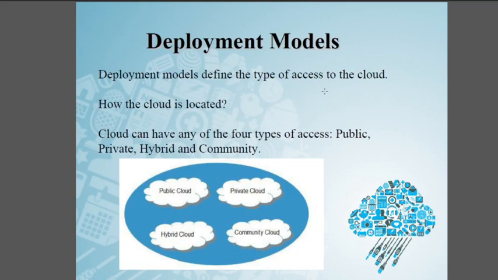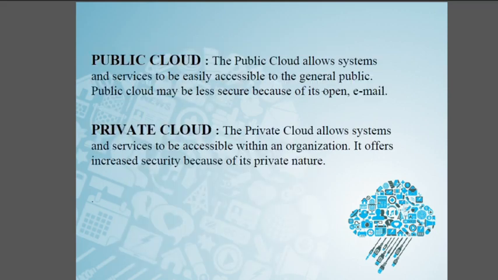The deployment model defines the type of access to the cloud, that is, how the cloud is located. Cloud has any of these 4 types of access: public, private, hybrid, and community, as we have understood in computer networks.